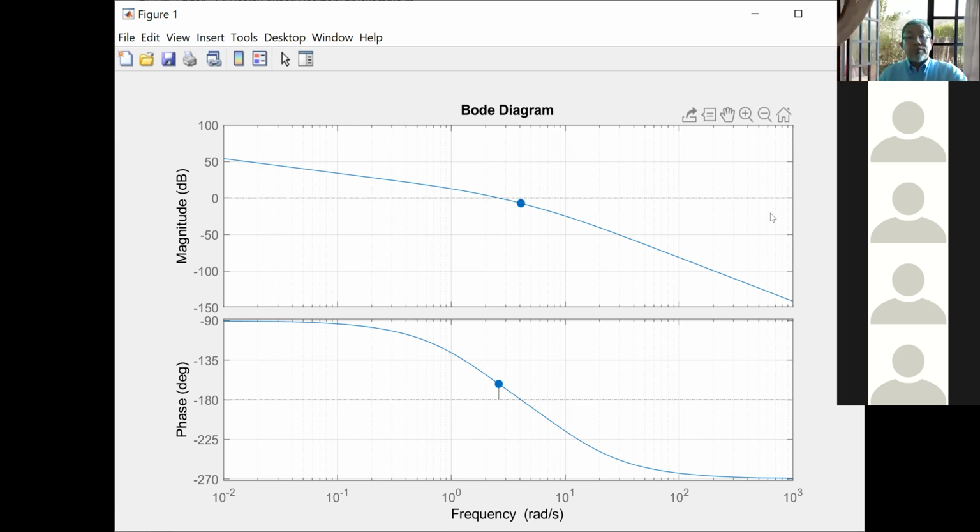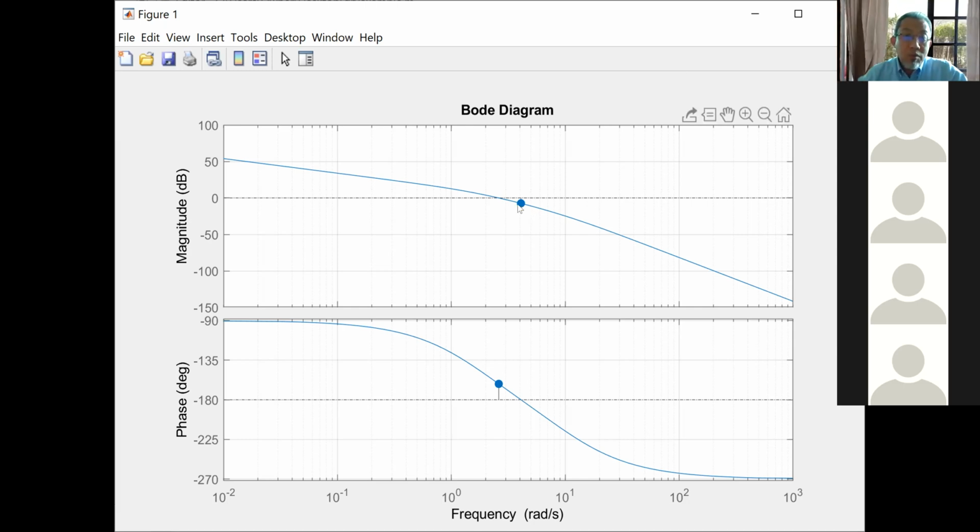From your observations, is the system stable, unstable, or marginal? We have to scan.